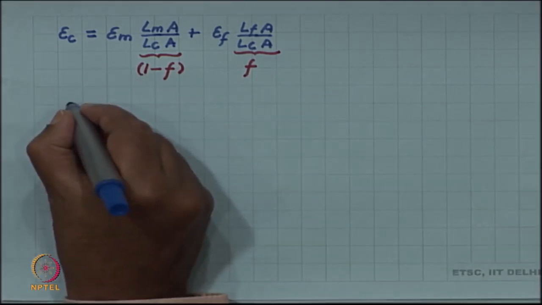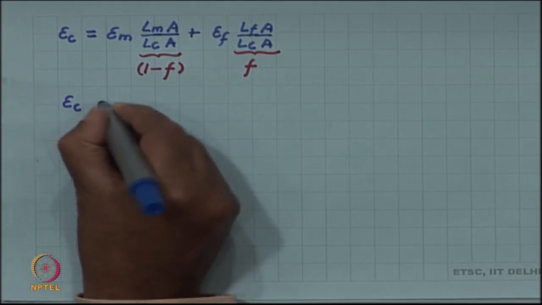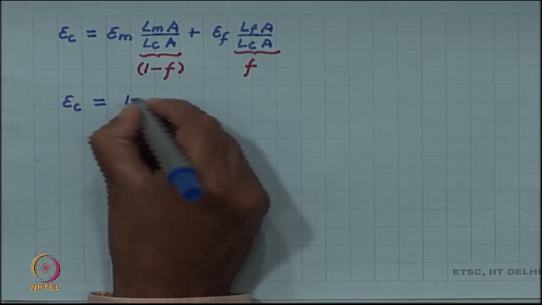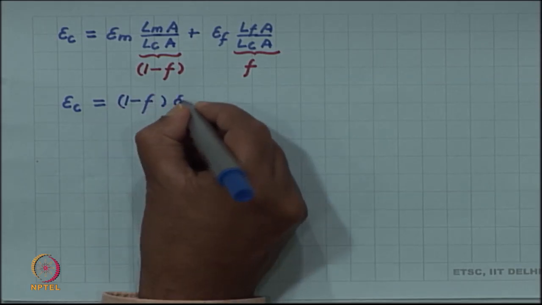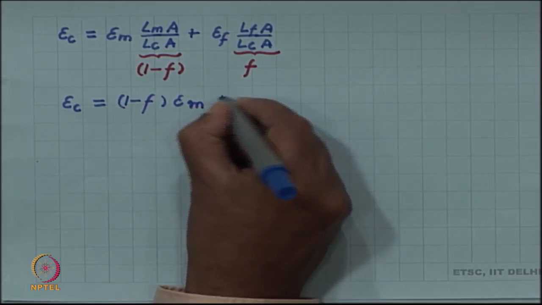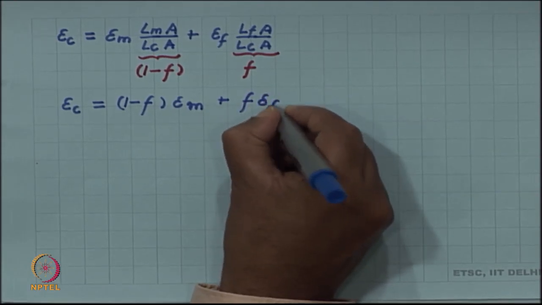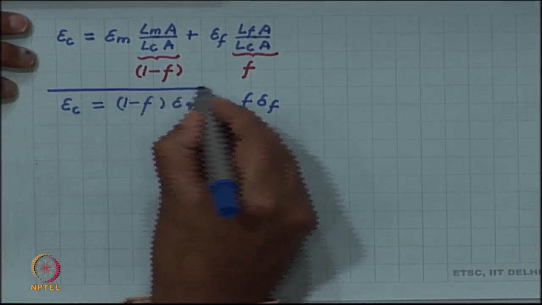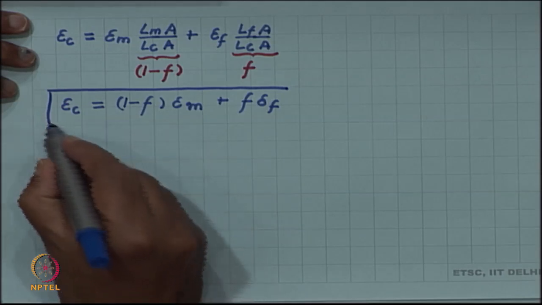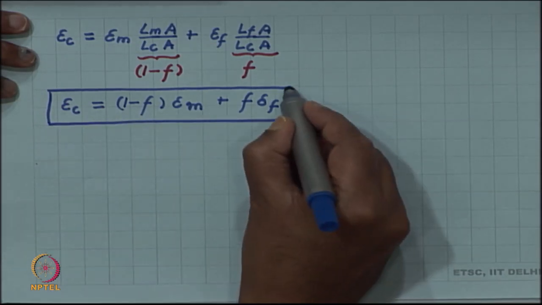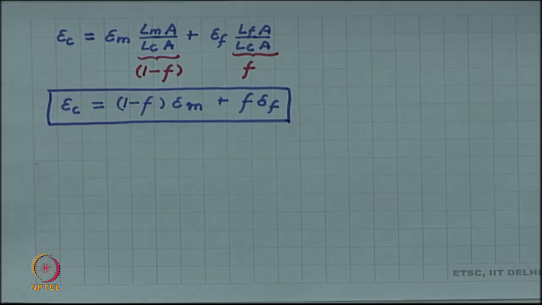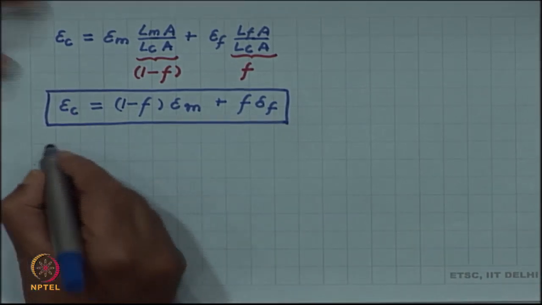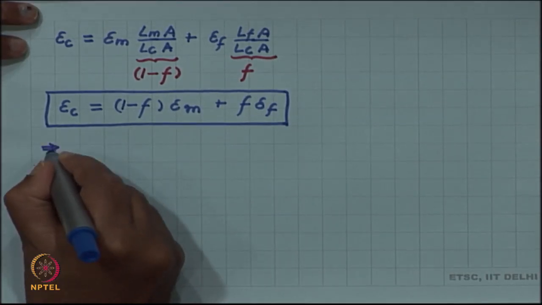So, we can write this now with epsilon c is equal to 1 minus F epsilon m plus F epsilon F. So, we get a similar rule of mixture for strain in this case, like we had got rule of mixture for stress in the isostrain case. For the isostress case, the strain goes by rule of mixture, but since we are now interested in modulus, we will convert this.